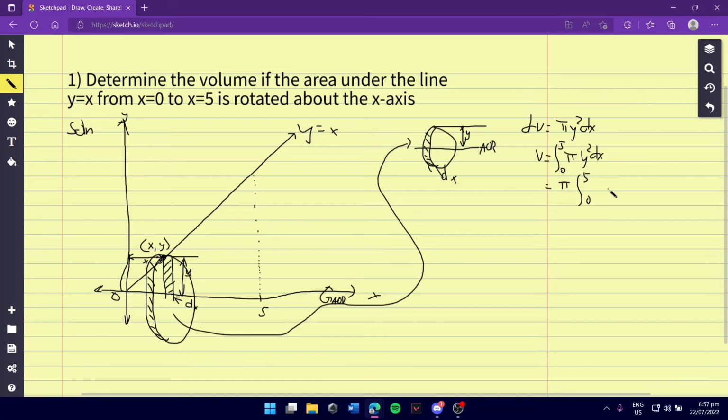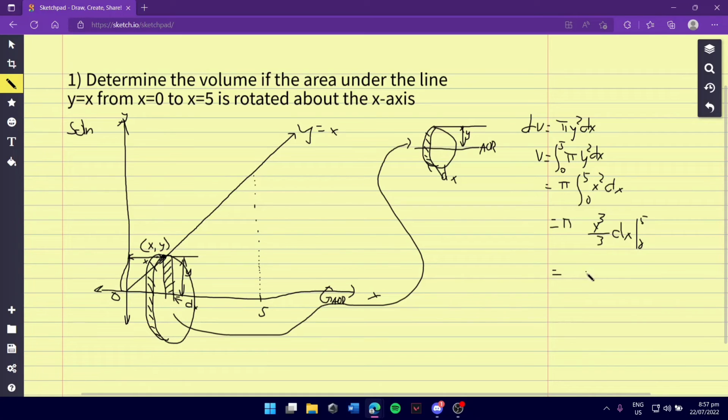So since we will distribute the value of y here first, the value of y here is equals to x. So this will become x squared, then times dx. Integrating x squared is equals to x cubed over 3 times your dx with the limit from 0 to 5.